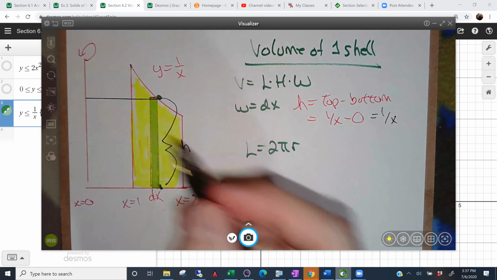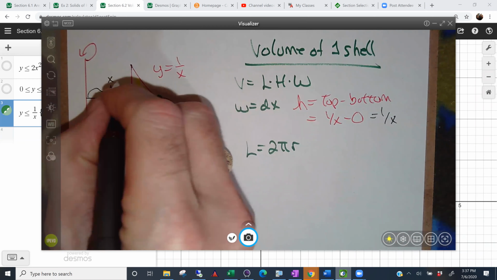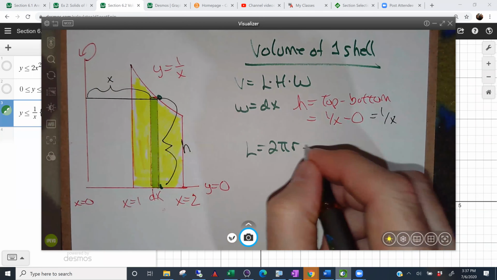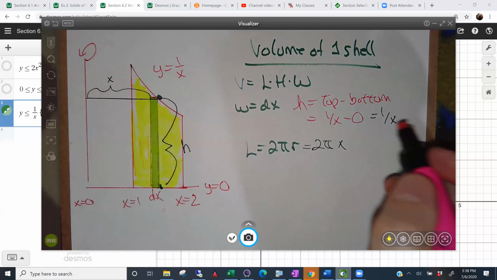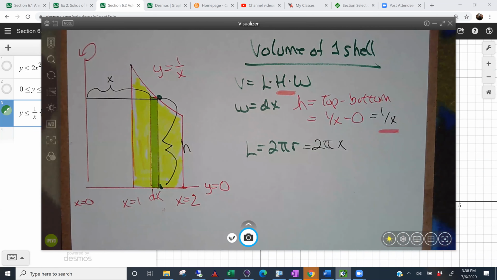And since I'm doing this in general terms, that distance is just going to be an x. That's where you're at. 2 pi x. So I've got all the expressions I need here. I've got my dx, I've got my h, and I've got my L. So let's put all those expressions in to get the volume of one shell.